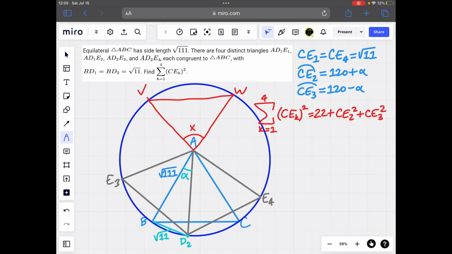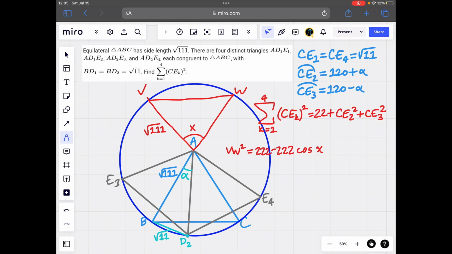Because the radius of the circle is root 111, we have that both AV and AW are equal to root 111 for random points V and W on the circle. So we can say that VW squared is equal to root 111 squared plus root 111 squared, which is 111 plus 111, that's 222, minus 2 times 111, which is also 222, cosine of their arc, which is x, by the law of cosines. So VW squared is just 222 minus 222 cosine x.